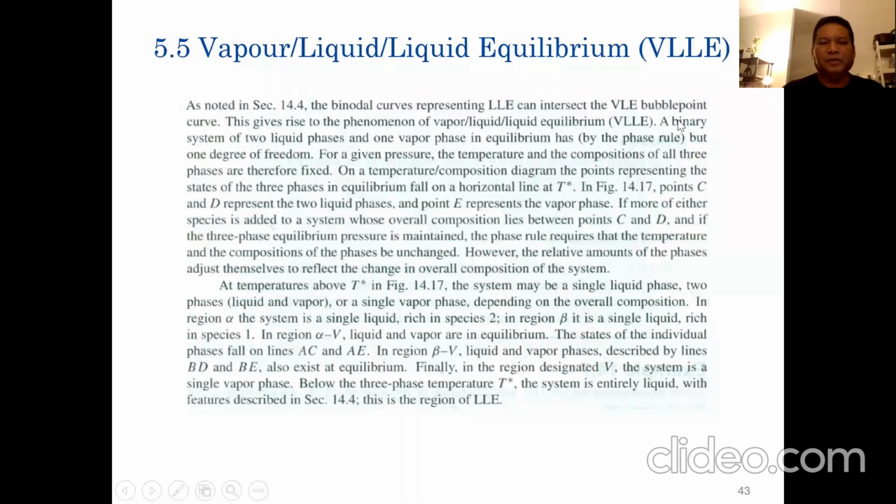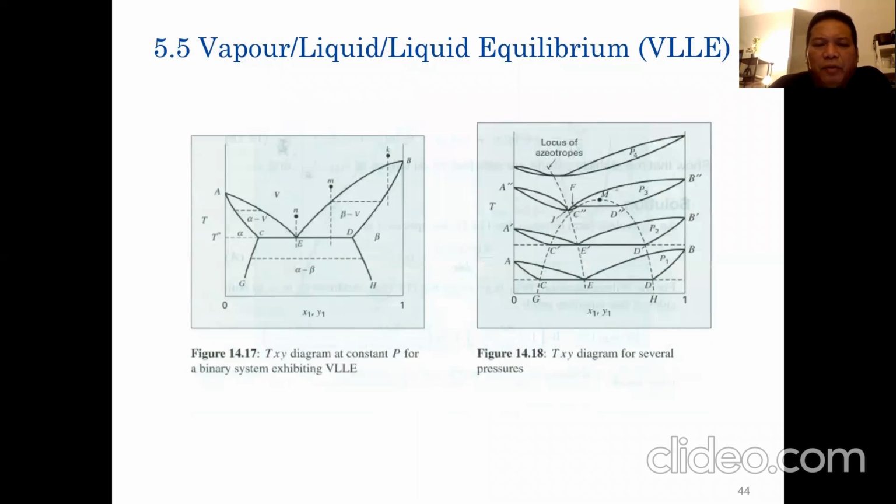Okay, guys, this is for the vapor liquid liquid equilibriums, or VLLE. So if we plot the graph for T versus X1, Y1, we have this kind of shape. C is in liquid form, and D is in liquid form, rich, and E is the vapor form.